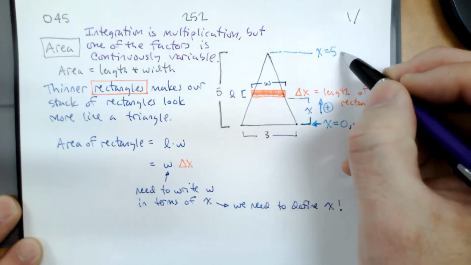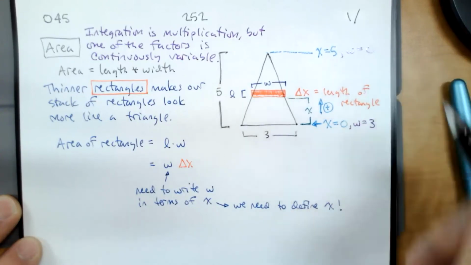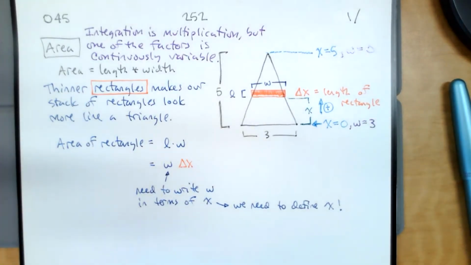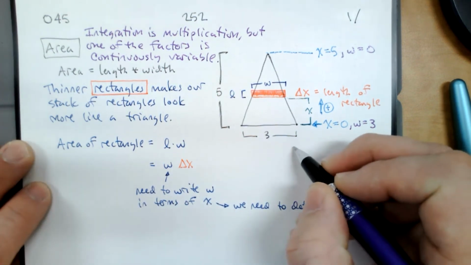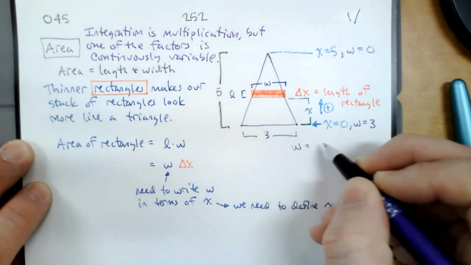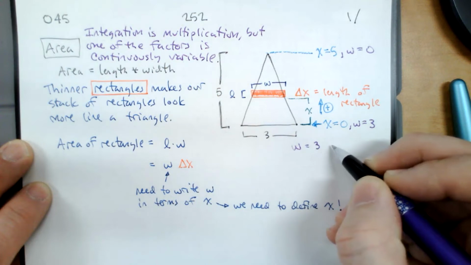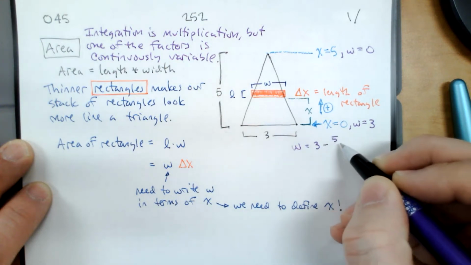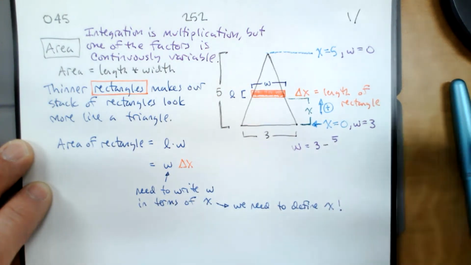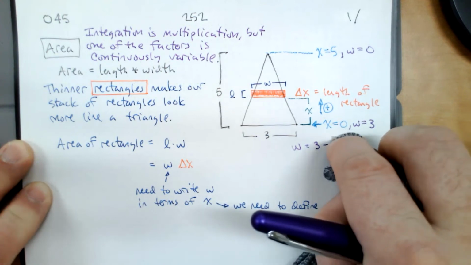And when X is 5, W is equal to 0. So the width in terms of the height above the base X, W starts off at 3 and will decrease by 3 in 5 units.